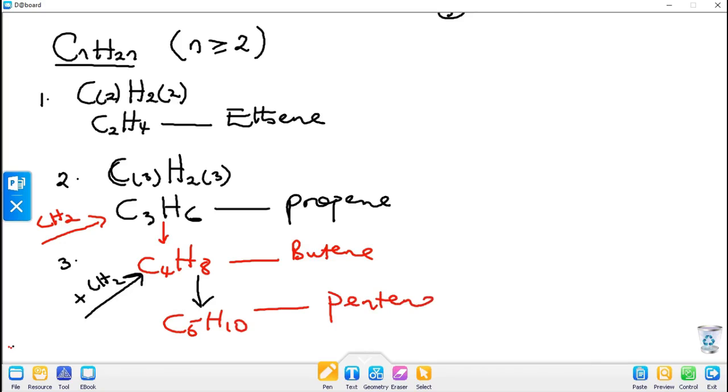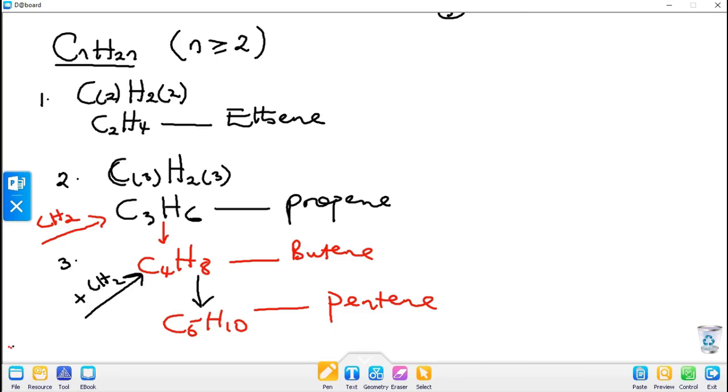So either I go by this addition or I use the molecular formula, it gives me my molecular formula, and I can guess the name of the homologous member in that family.